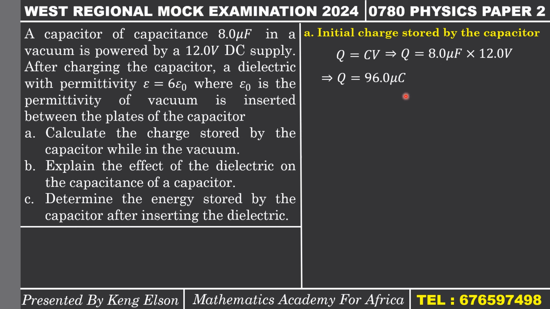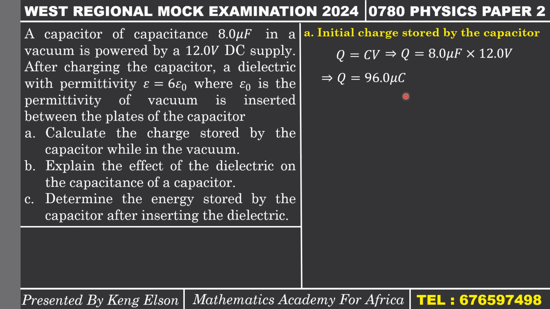Now the last question, we need to determine the energy stored by the capacitor after inserting the dielectric. That energy generally is the capacitance times the DC supplied voltage squared divided by 2, half CV squared. But the C involved here is the capacitance of the capacitor when the dielectric was inserted, and it is C1.